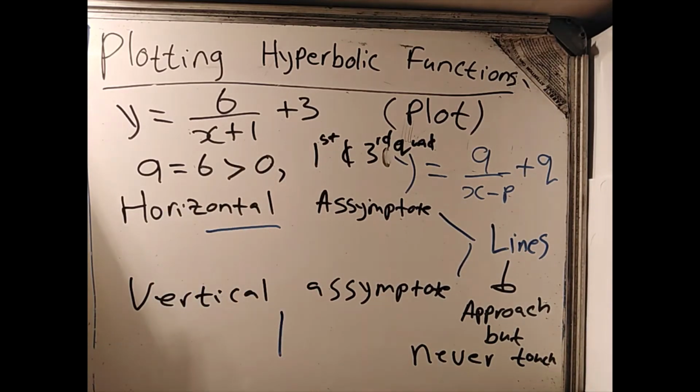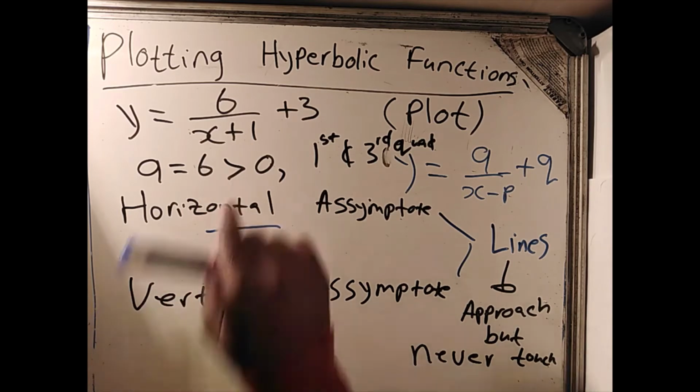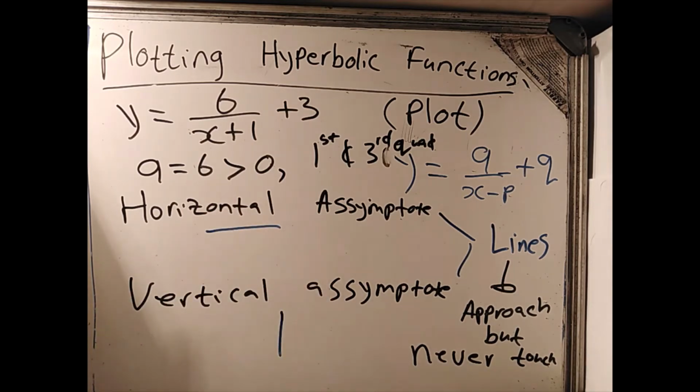All right, now how do you find a horizontal asymptote here, and how do you find a vertical asymptote?